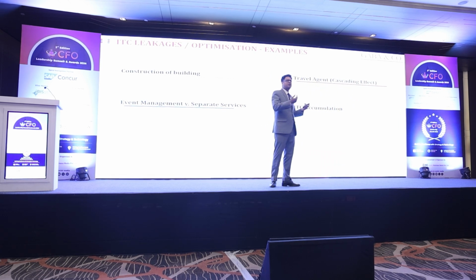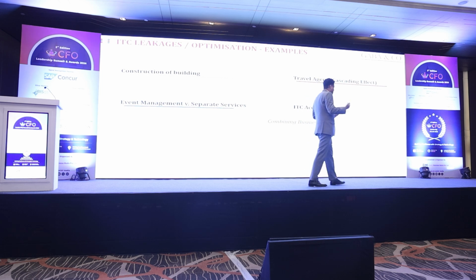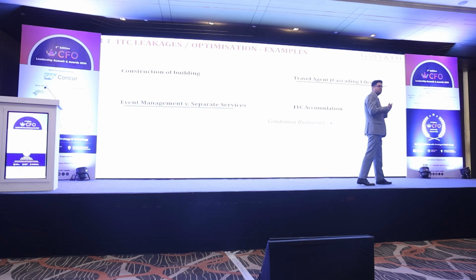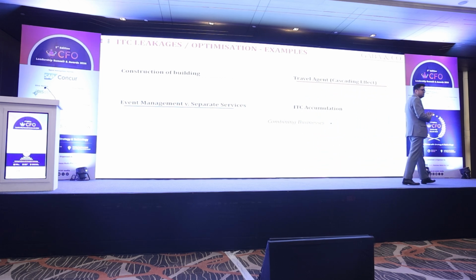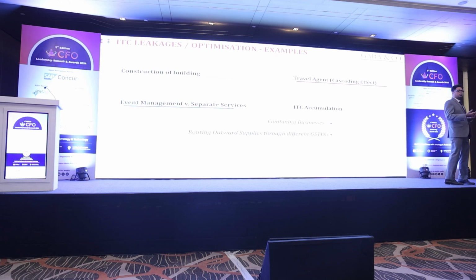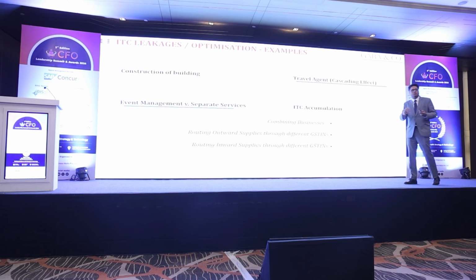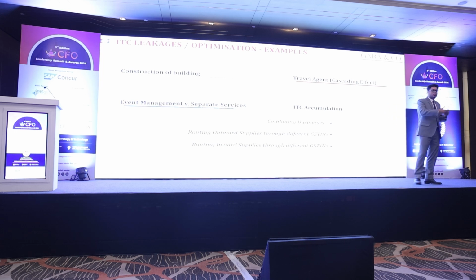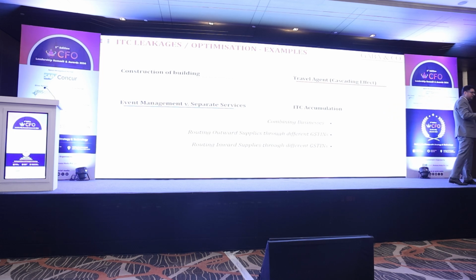I am not asking for issuing fake invoices. First is combining businesses. You can combine your 5% and 18% businesses. You can route your outward supply through different GSTNs. You can route your inward supplies through different GSTNs, and liquidate this ITC accumulation pot.